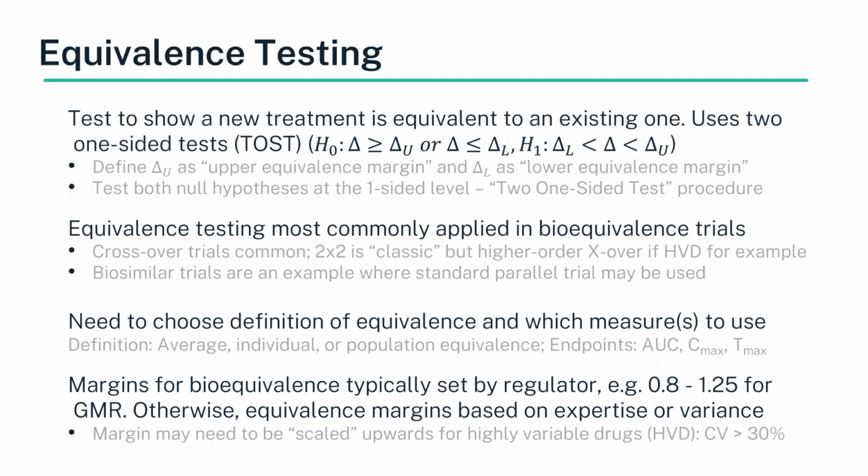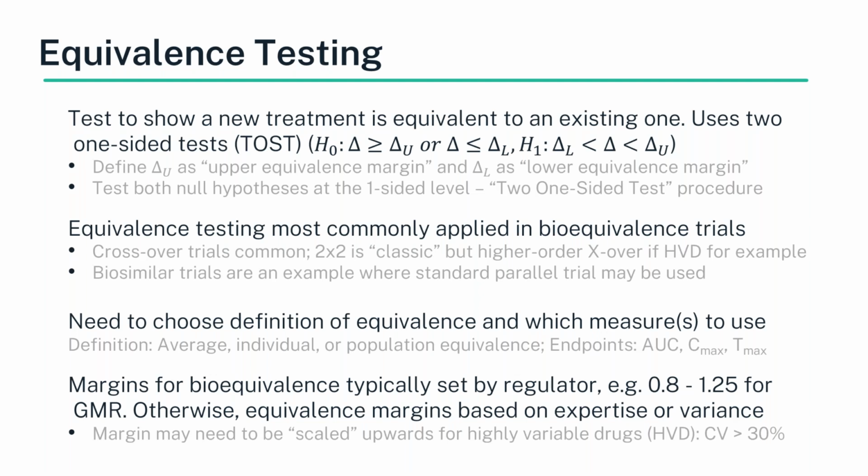There's going to be an opportunity to go into much more detail then. As we've said already, the goal of equivalence testing is to show that a new treatment is equivalent to a pre-existing one. The most common method for doing this is the two one-sided tests method, which you'll often see abbreviated as TOST.